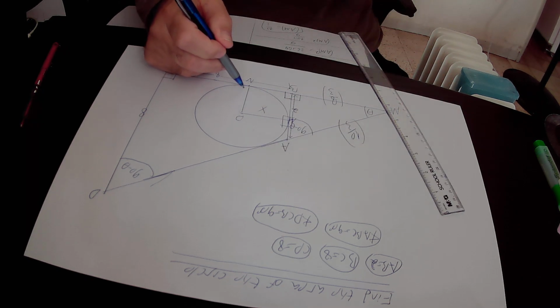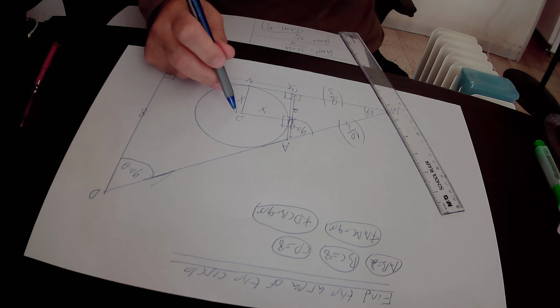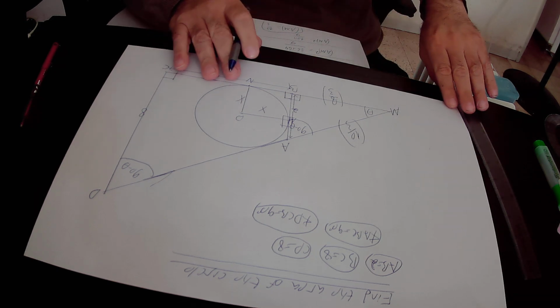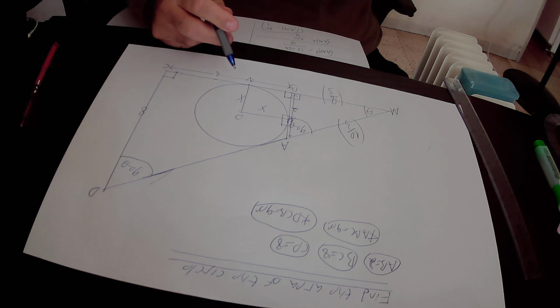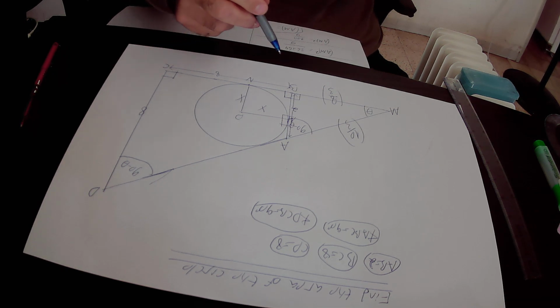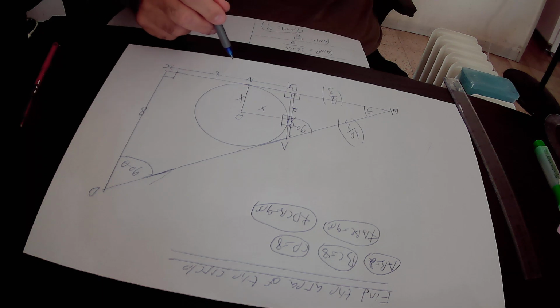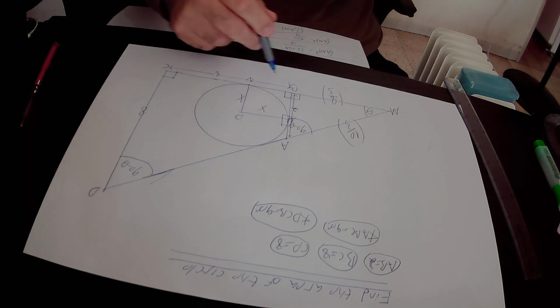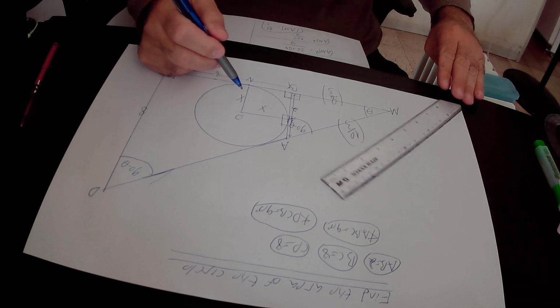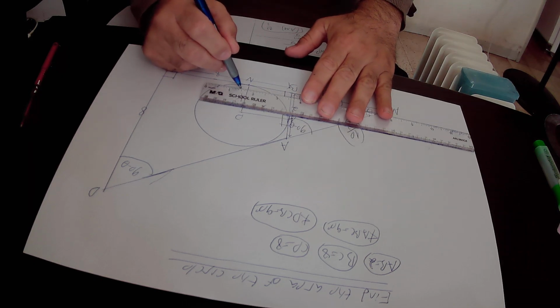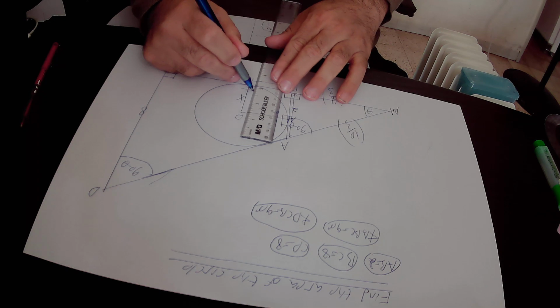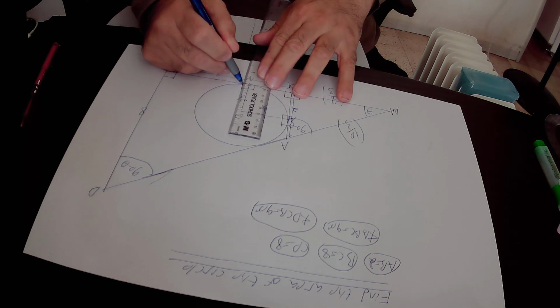Again, point O is the center of the circle, point N is the point on the circle itself, therefore ON is the radius of the circle that we defined as X. The radius ON is drawn to the point of tangency, that is to say, it is drawn to point N. Therefore, tangent BC will be perpendicular to the radius NO. If BC is perpendicular to NO, it means that this angle equals 90 degrees, and this angle equals 90 degrees according to rule number 1.